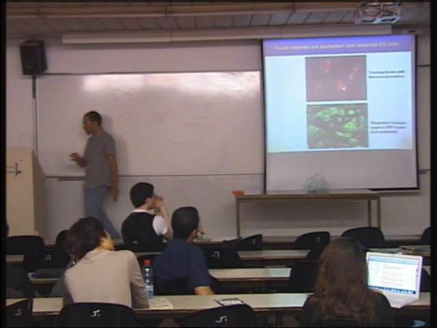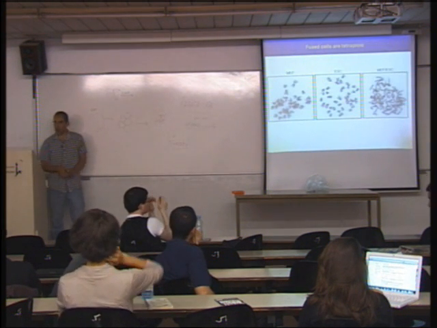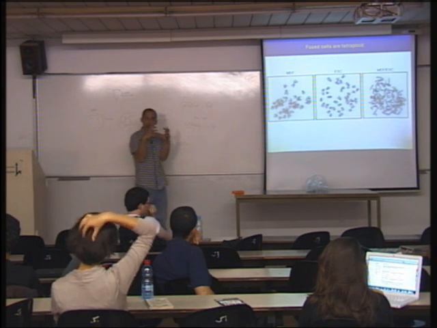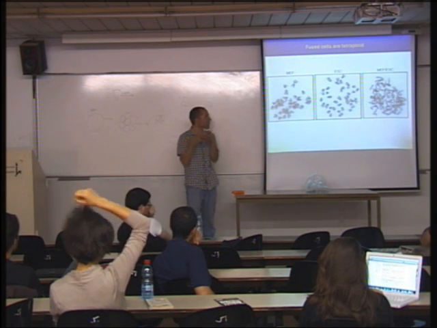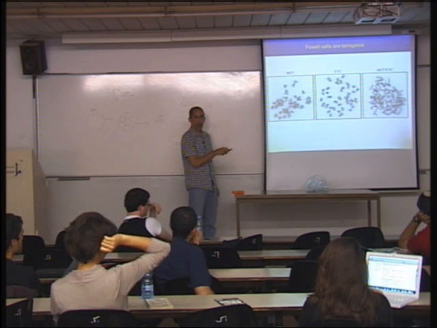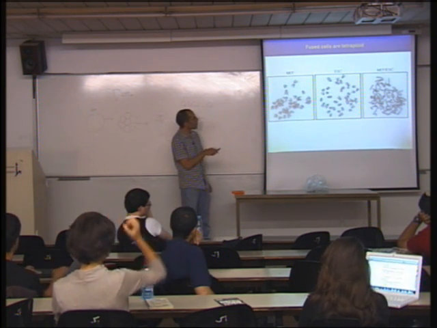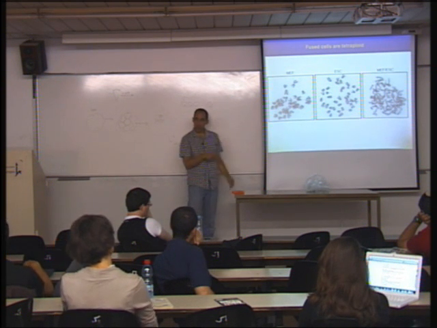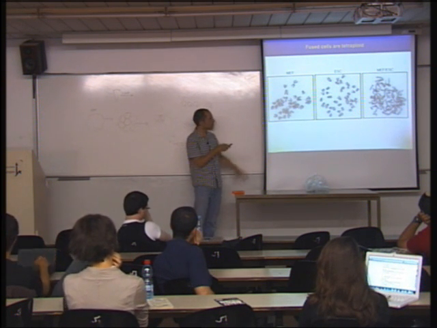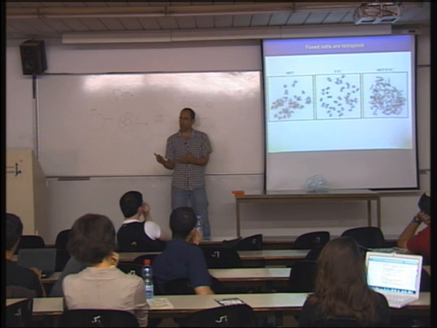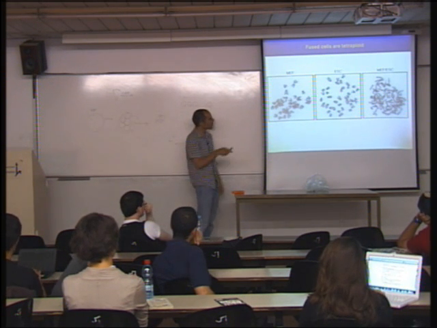Now there's a problem with this procedure, because when we fuse two nuclei or two cells together, we get double the amount of genetic material. So this is 4N. Here, if you count, you will see that there are 40 chromosomes. This is in mouse cells. Mice have 20 chromosomes: 1N is 20, 2N is 40.